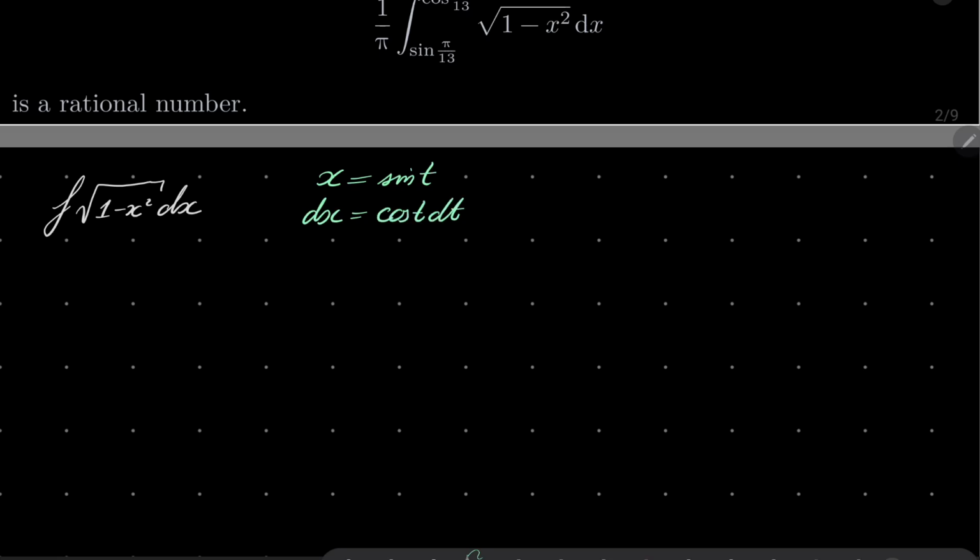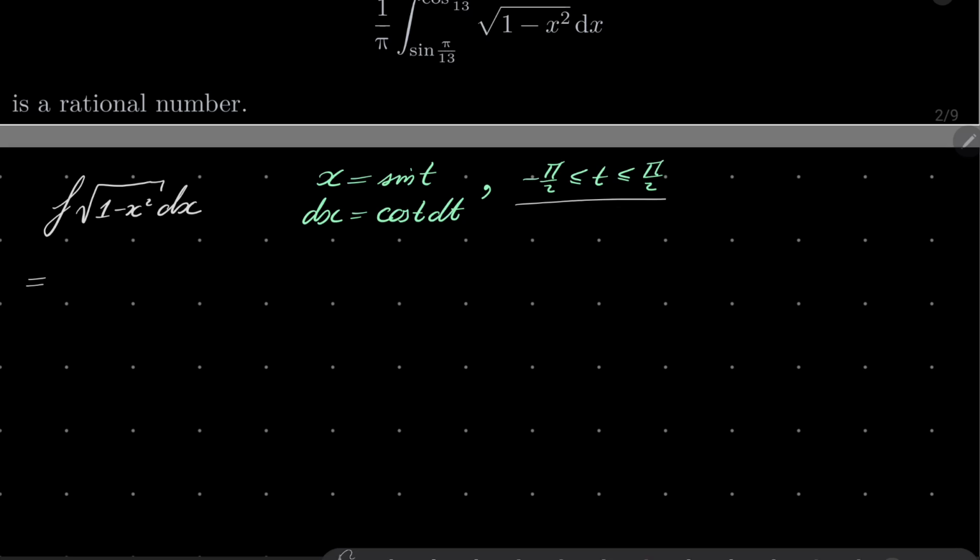And also, I will consider only t between minus pi over 2 and pi over 2. Why is that? Because we see that x must be between minus 1 and 1, and sine attains every value between minus 1 and 1 for t from this interval.